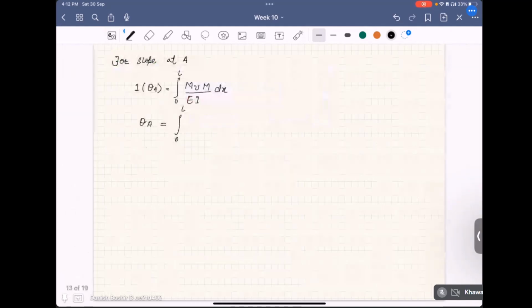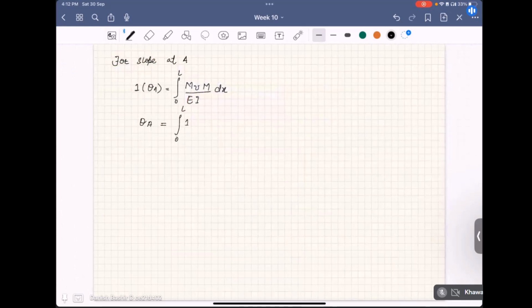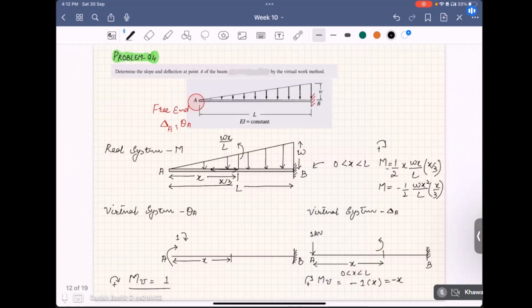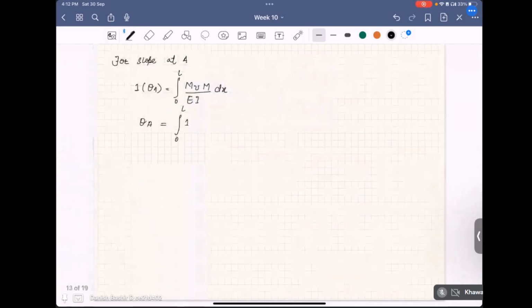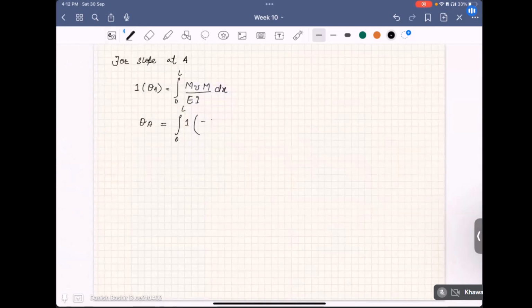The real moment is minus wx cube by 6L, and EI is in the denominator. When you solve this integral, you will get theta A equal to minus wL cube divided by 24 EI.